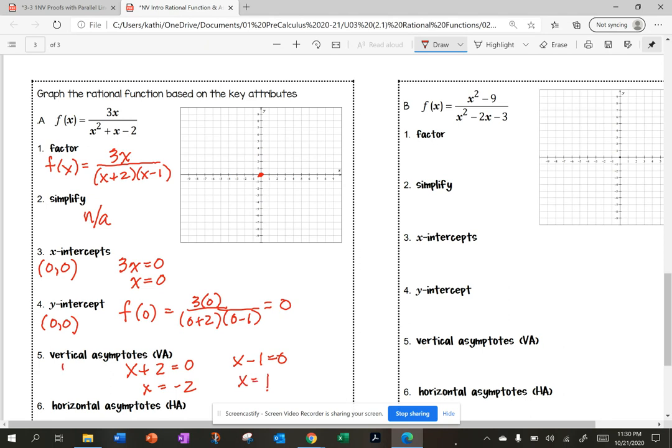These are my vertical asymptotes. So I'm going to draw those in at negative 2 and at 1.